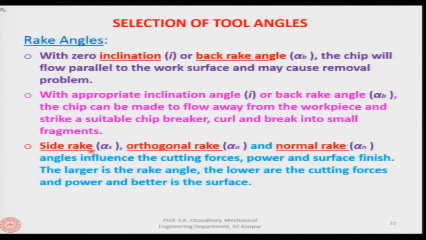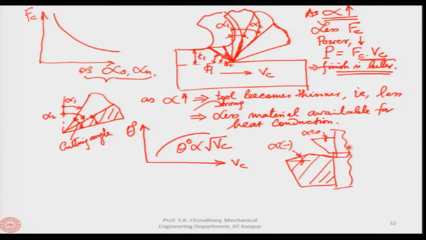And all these factors we have explained are the reasons why these things happen. I will once again remind you that the rake angles are more important, that is the side rake, orthogonal rake and the normal rake, because the power consumption and the force depend on these angles. And as I explained, the force will be reduced as the rake angle is increased.